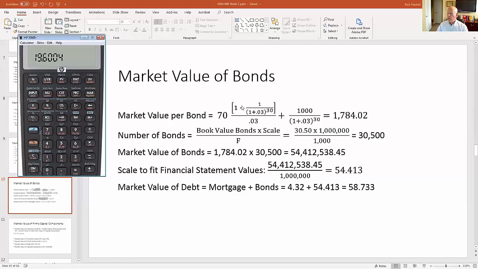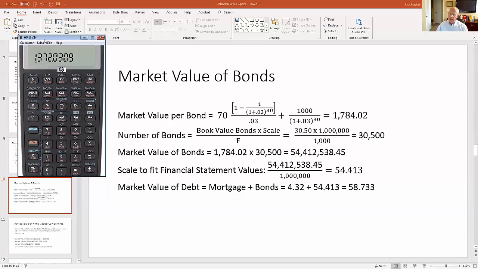And I now know that this super fraction here is 19.6004. I'm going to multiply that then by 70. And I now know that the value of this left-hand term is $1,372.0309. I'm going to store that number.